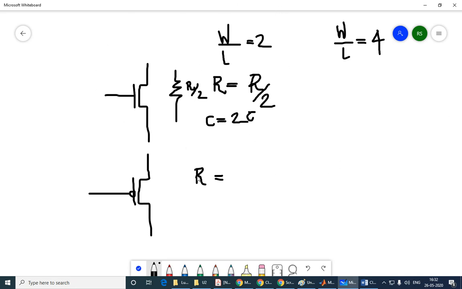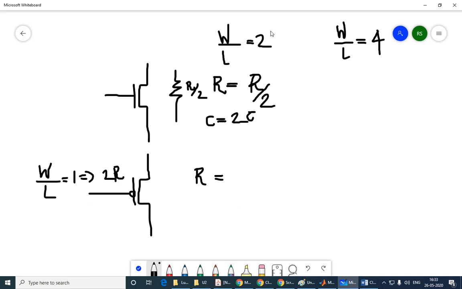And if you look at the PMOS transistor, it has slightly different properties because it has holes. Here a W by L equal to 1 means the resistance is 2R, and this is the per unit resistance of the PMOS transistor.